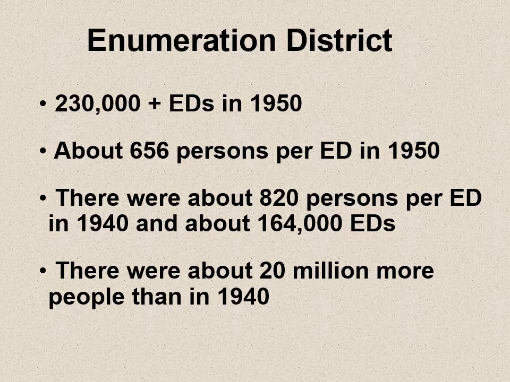Compare that to 1940, where there were quite a lesser number of enumeration districts, 164,000, and a lot more people per ED. This may actually make name indexing longer to do because of the large number of enumeration districts.